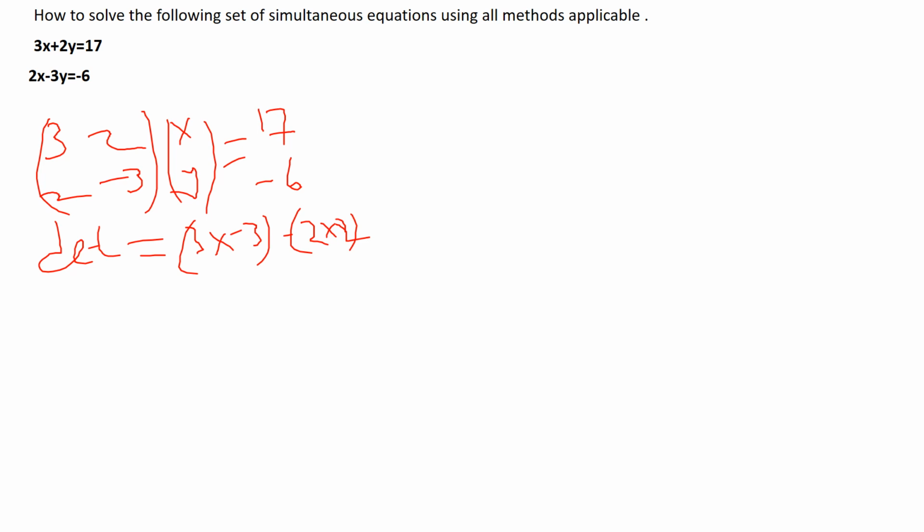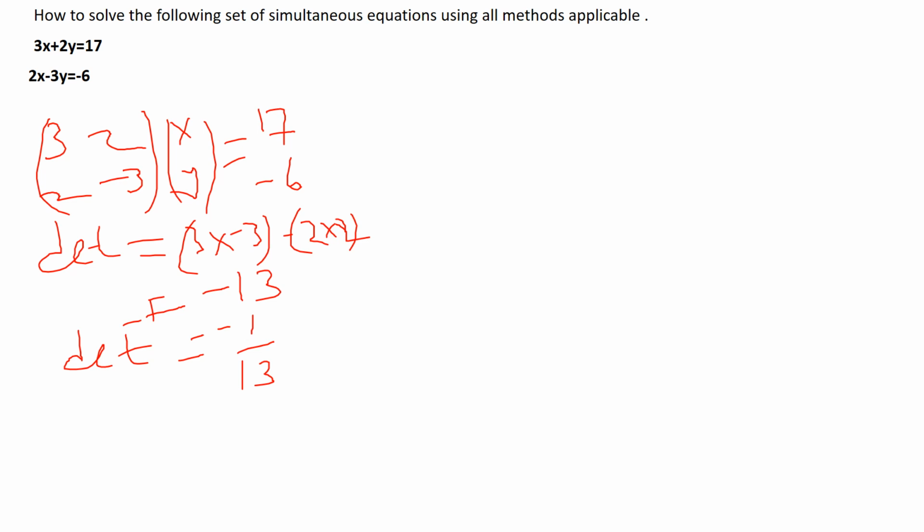So in this case we get our determinant being negative 9 minus 4, which is equals to negative 13. So the next thing, we get the determinant inverse, which is equals to negative 1 out of 13.